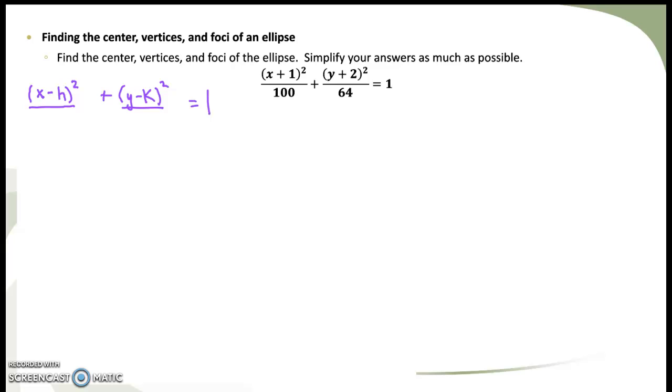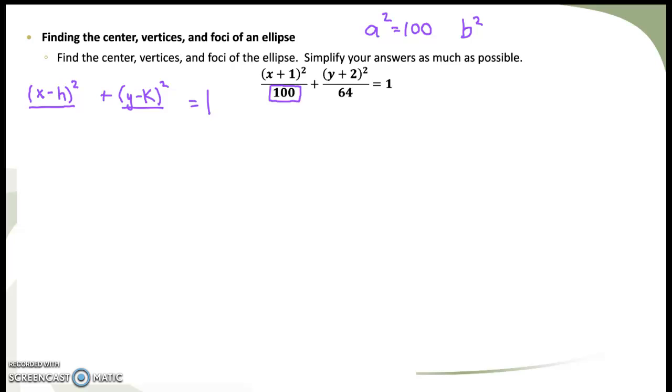Now because we're working with addition, these two can swap, but we need to identify our a² and our b². With an ellipse, the a² is always the largest value in the denominator. So in this case, the largest value is 100.